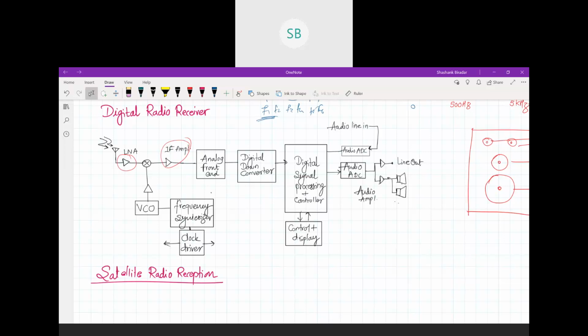Am I right? This is the same thing that we experience with DTH services. Only, instead of video channels, you are getting all the radio channels worldwide, based upon your subscription, and you can listen to all the channels at your home. So this is the basic concept of satellite radio.